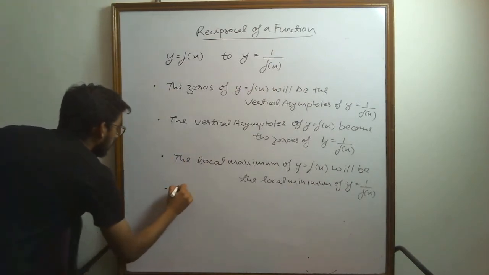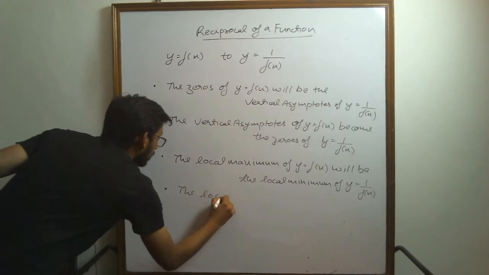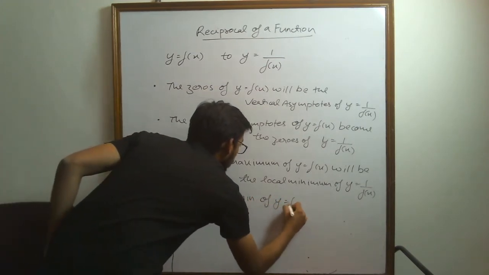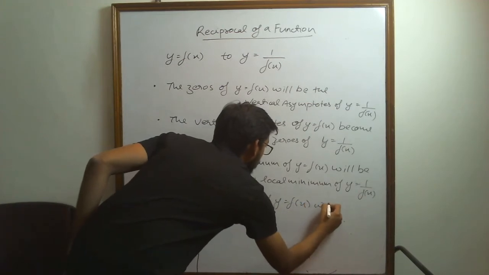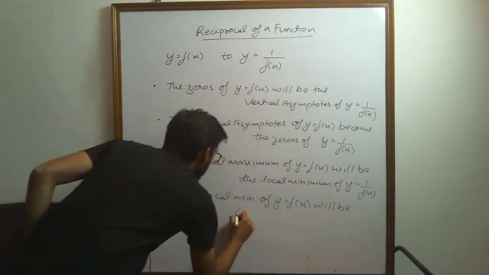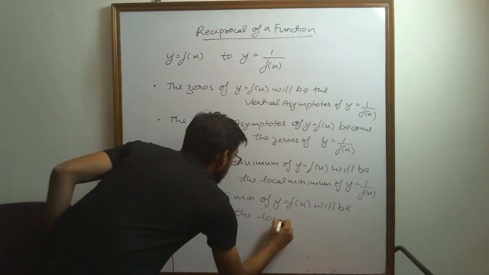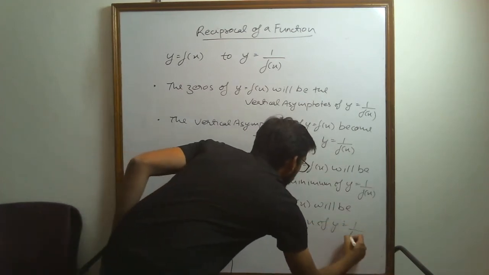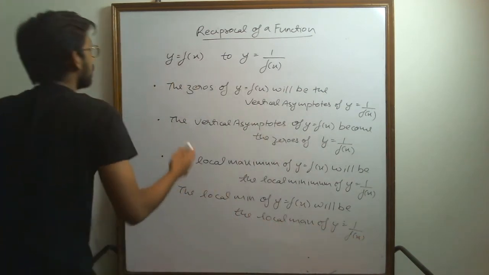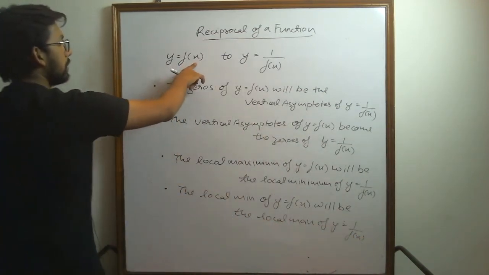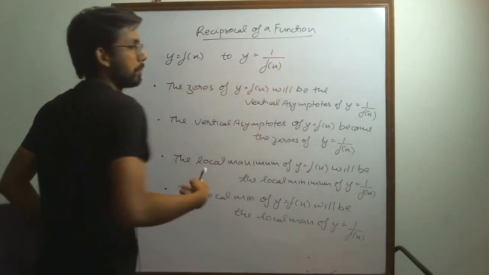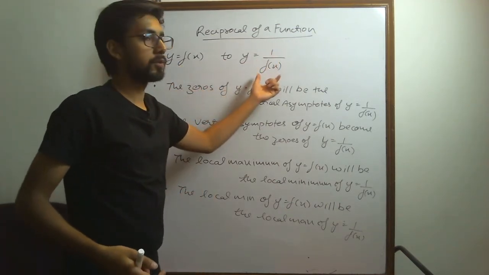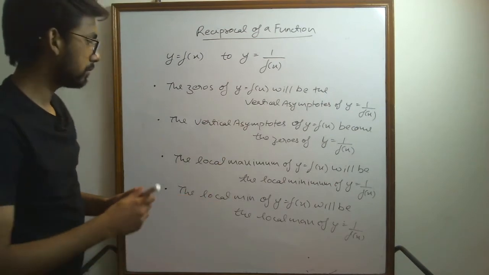Fourth point, the local minimum of y is equal to f of x will be the local maximum of y is equal to 1 upon f of x. Of course, wherever f of x is minimum, 1 upon f of x will be maximum, because if this is minimum, denominator is minimum, that means this value will be maximum.